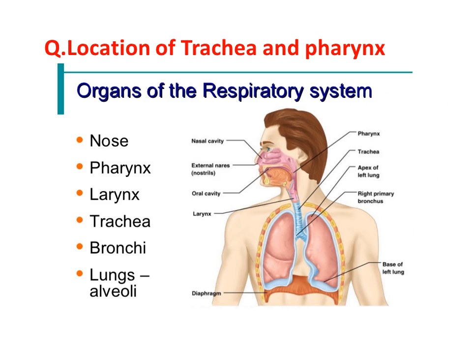Now another query: what is the location of the trachea and pharynx? Here you can see that the organs of the respiratory system are the nose, pharynx, larynx, trachea, bronchi, lungs, then alveoli. From here you can see the pharynx.